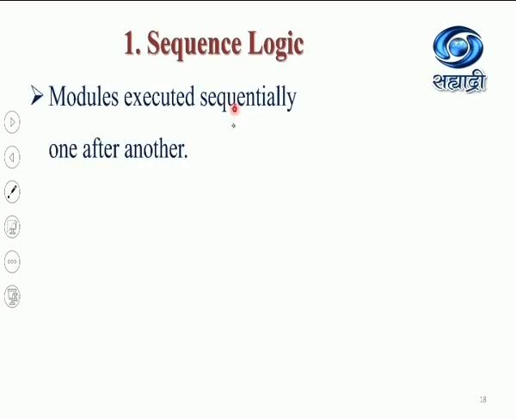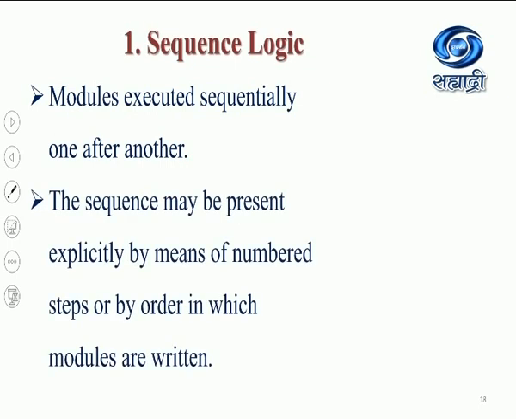Modules execute sequentially one after another. The sequence may be present explicitly by means of numbered steps or by the order in which the modules are written. So here sequence is important while you are writing a definition using sequential logic.